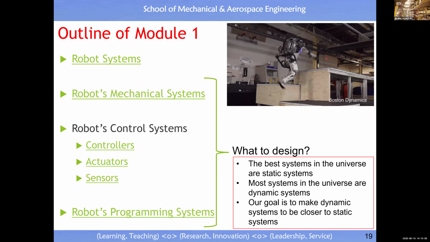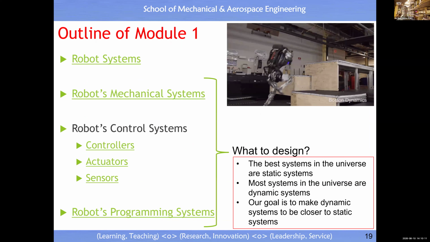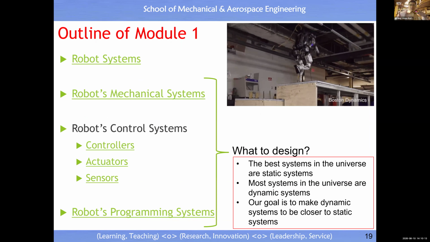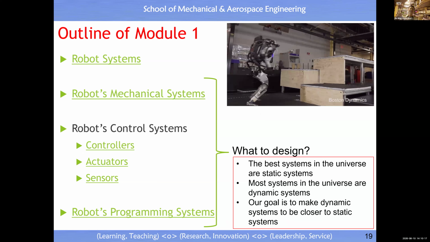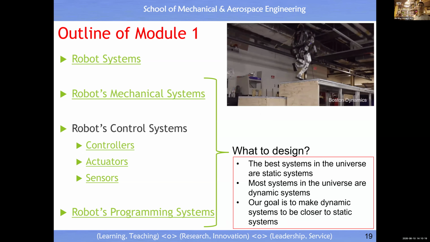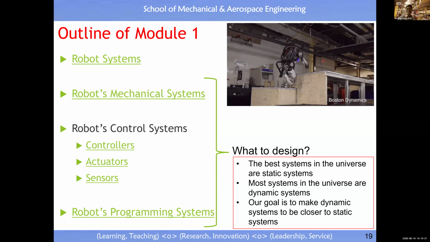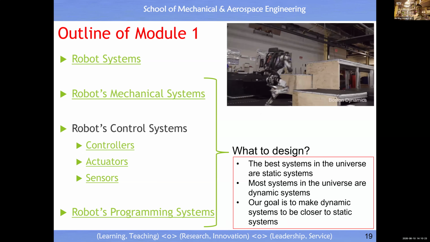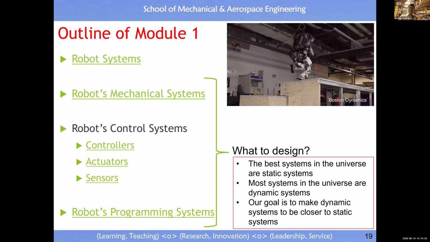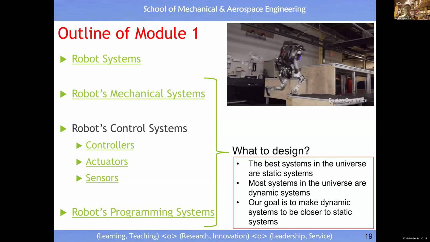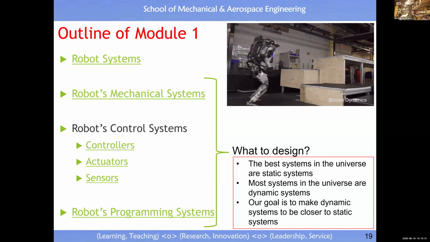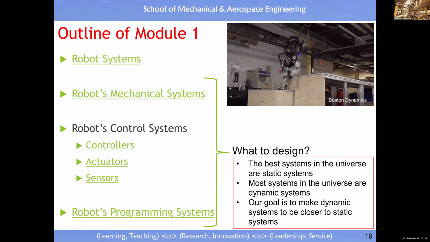Module 1 includes a lot of topics. In this week and next week, we just cover the hardware aspect of module 1. Then from week 7 all the way to week 13, Amma will teach you the theoretical aspect of module 1, which includes robot statics, robot dynamics, and robot kinematics.